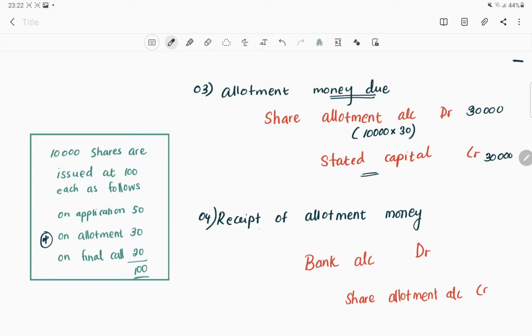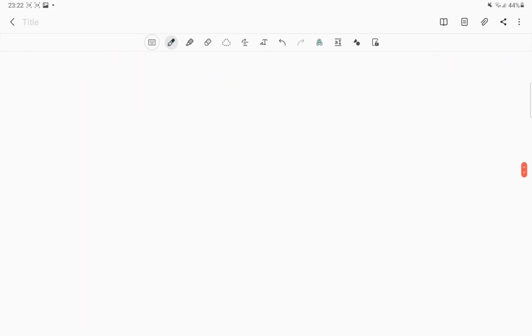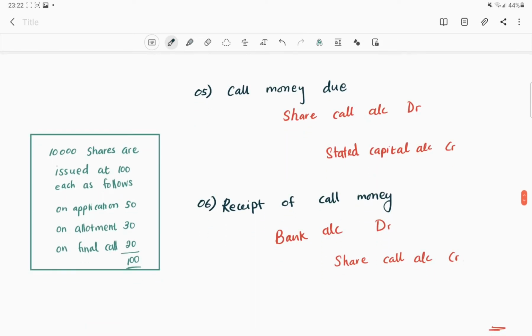And after that, once you have received money for the allotment, the bank account would be debited by 30,000 and the share allotment account would be credited by 30,000. So the application and allotment were done.